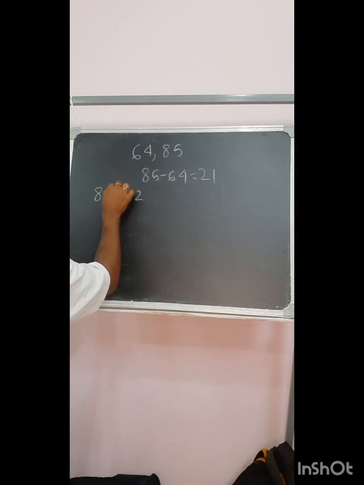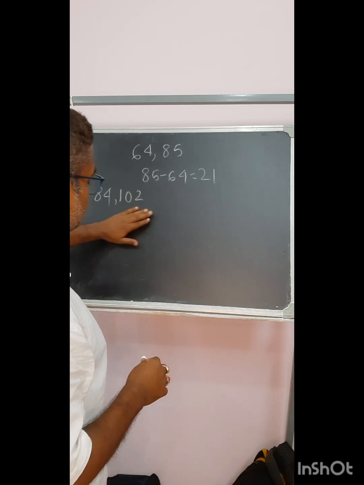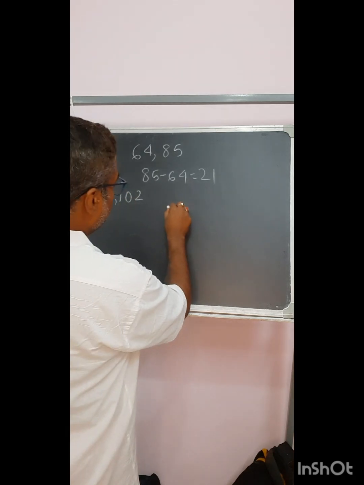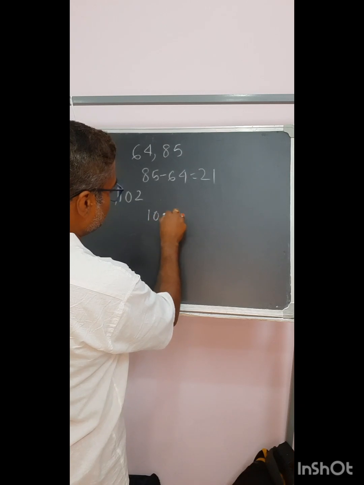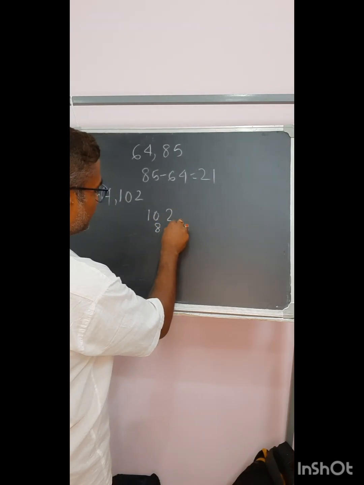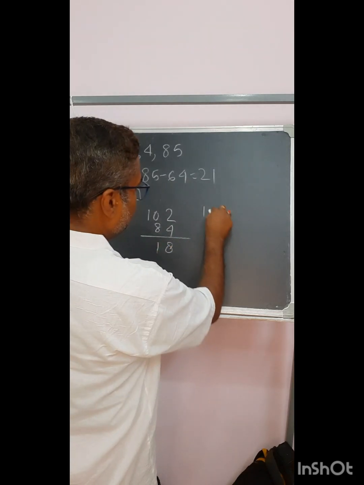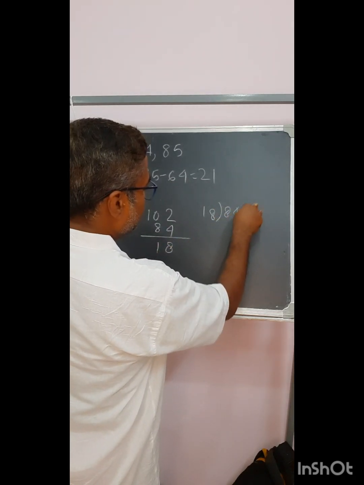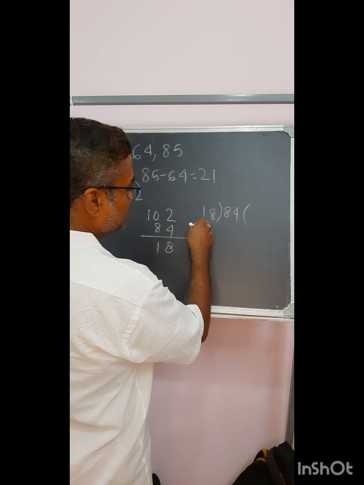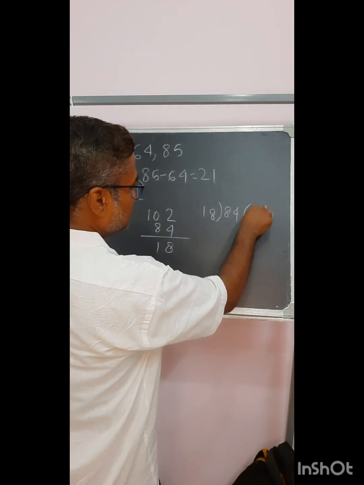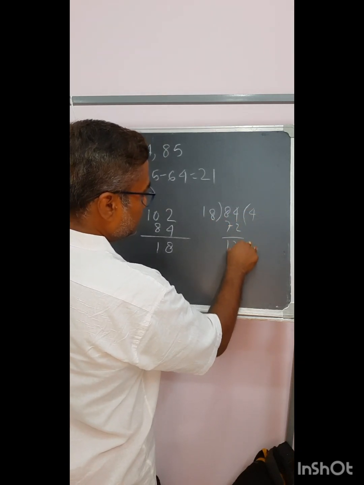Let's take the example of 84 and 102. If I take the difference, 102 minus 84, that gives 18. Now if I try to divide 84 by 18, it won't divide, because 18 times 4 is 72 and the remainder is 12.